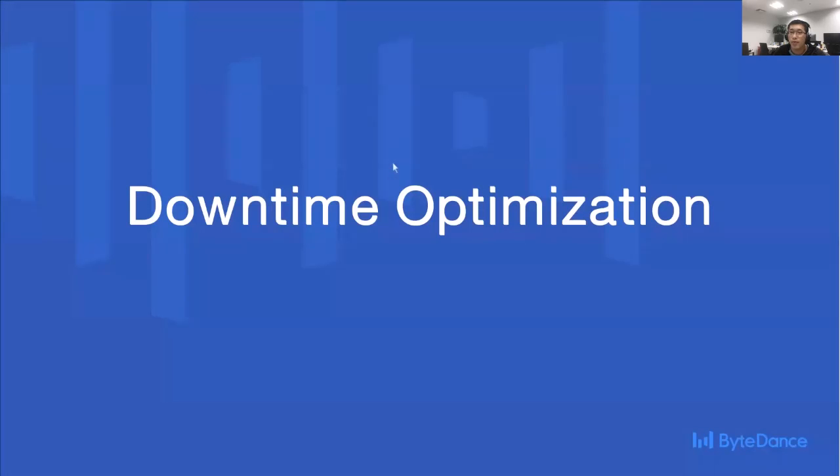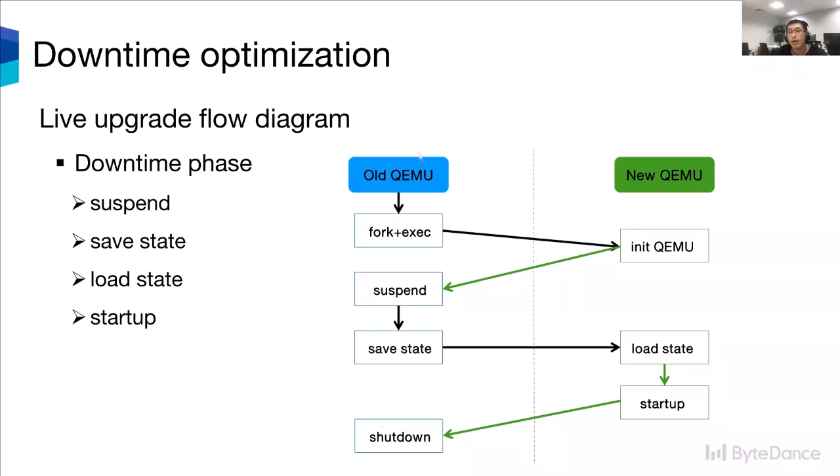Next, I will introduce how to optimize the VM downtime during the live upgrade. This picture shows the live upgrade flow diagram. The first step, we fork a child process and execute the new QEMU binary, and the new QEMU is initialized.